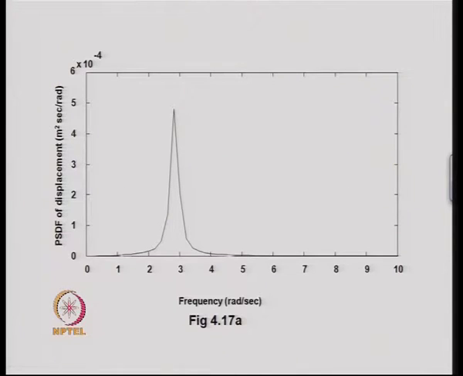The shape of the power spectral density function for degree of freedom 1 is shown over here, and we can see that it peaks almost at the first frequency of the structure.